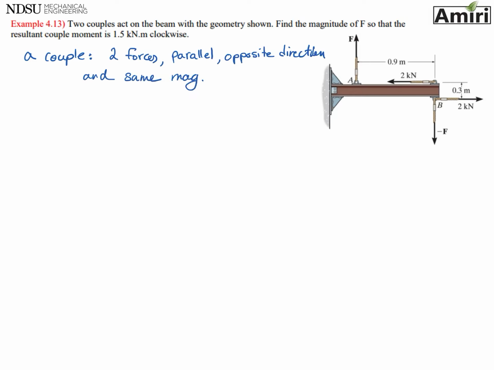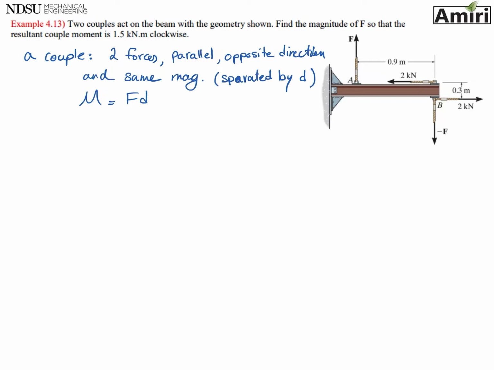So that would be a couple. Moment of a couple, one other thing that I want to add is separated by distance d. Moment of a couple then would be Fd, and that d is the distance between the two forces.